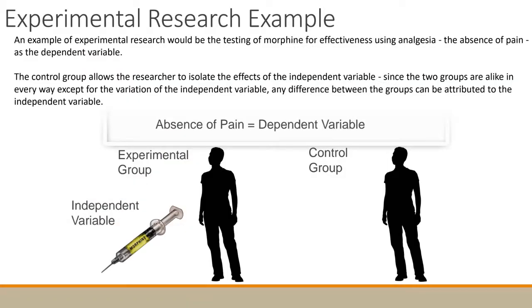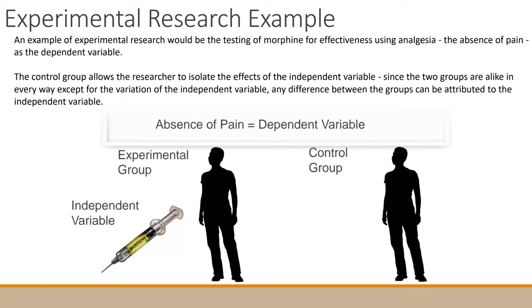Again, with experimental research, like we spoke about, an example is your experimental group and your control group. So testing morphine, for example, on the effectiveness of pain relief and the absence of pain. The absence of pain would be the dependent variable, and the independent variable that can be manipulated is the amount of morphine given. You would have an experimental group who receives the morphine in big doses or small doses, and a control group who doesn't receive the morphine.